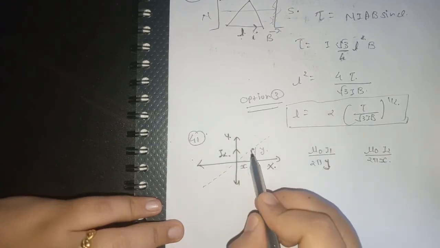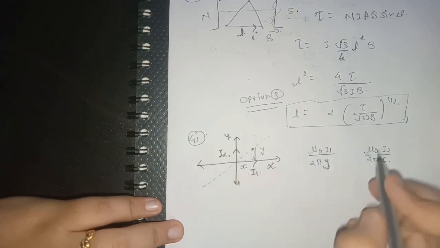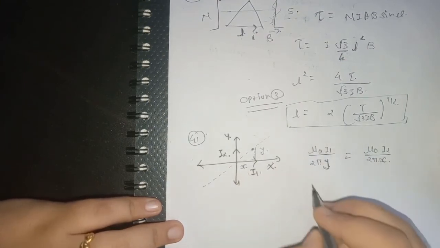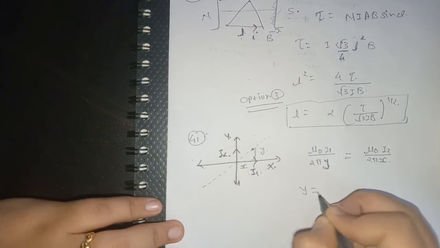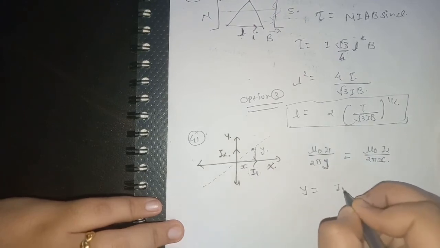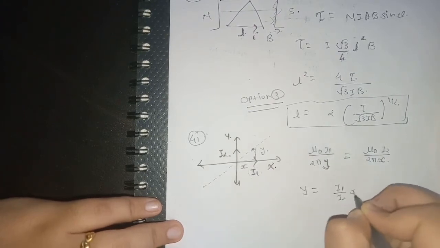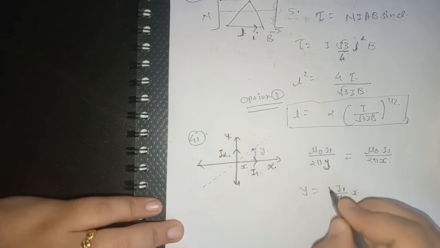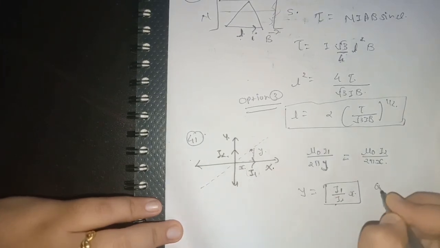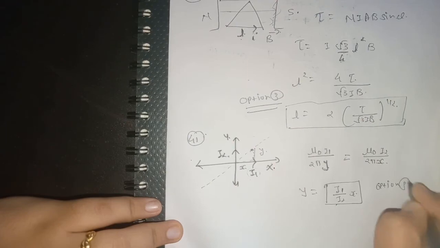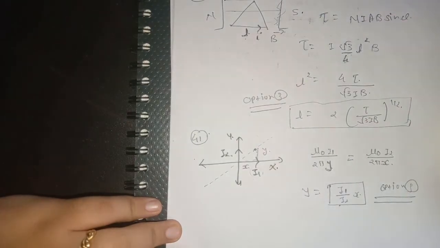Here the magnitude of both the magnetic fields should be the same. So we can write y is equal to I1 by I2 into x. So option 3 is the correct option.